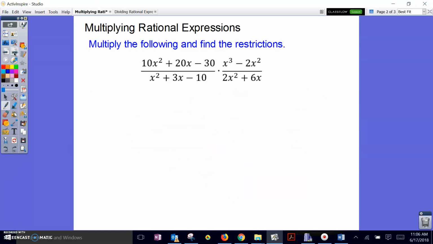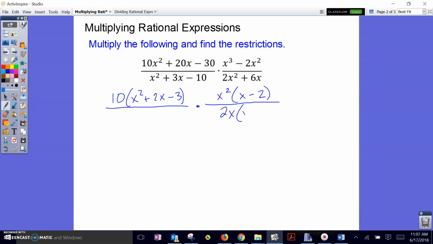Alright, this one says to multiply and find the restrictions. So we're going to first factor completely all of the numerators and denominators. And then we can factor a 10 out of everything here. And then we can factor an x squared out of everything here. And we can factor 2x out of everything here.